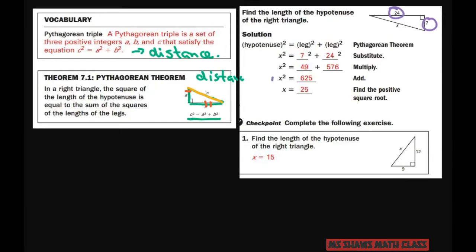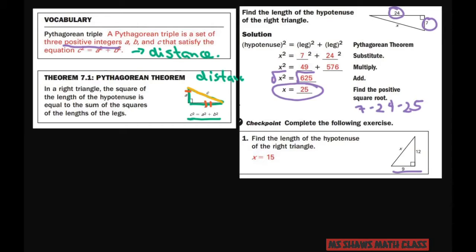When you take the positive square root of both sides, you get x equals 25. So this is actually a Pythagorean triple, which is 7, 24, 25, because it's three positive integers. They're perfect squares.